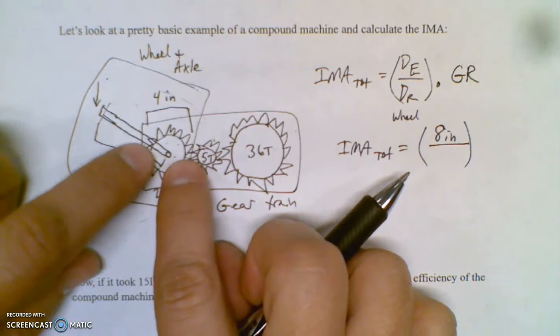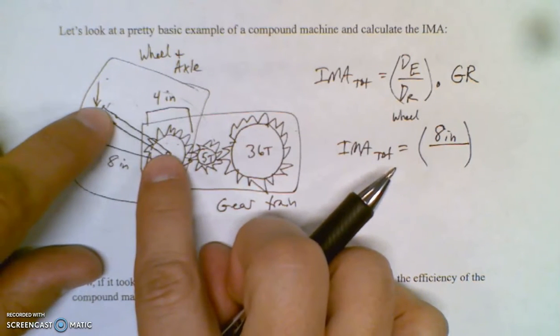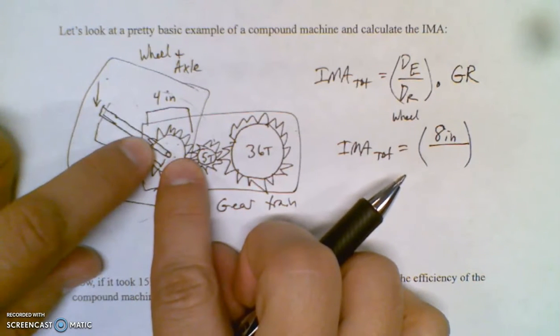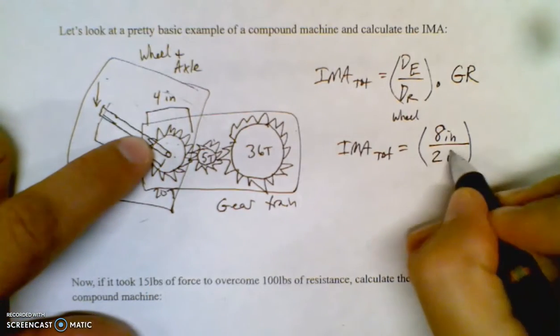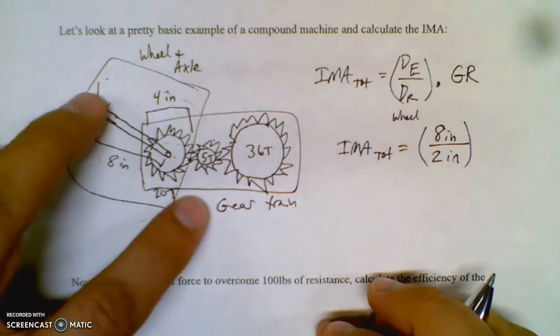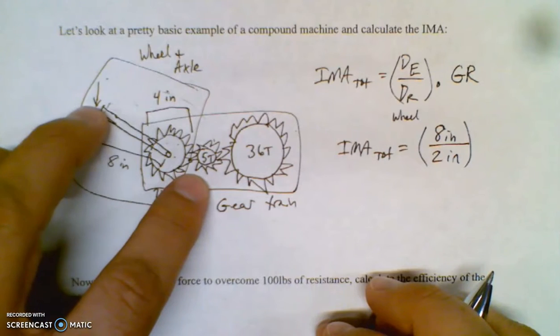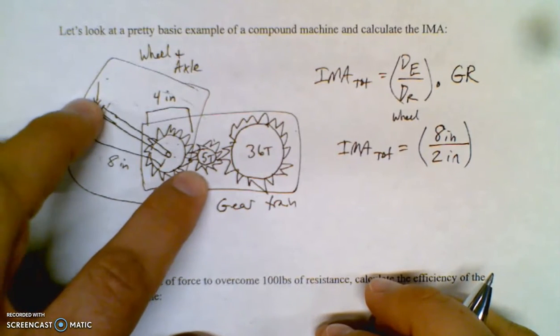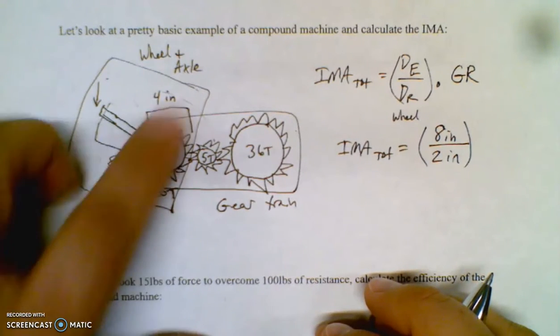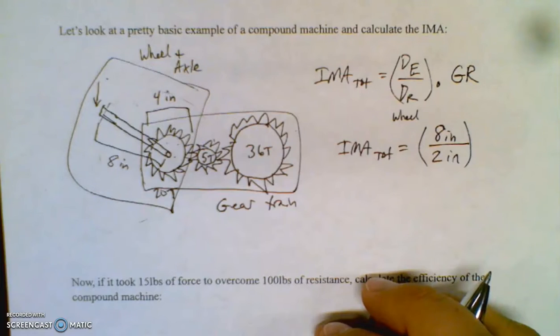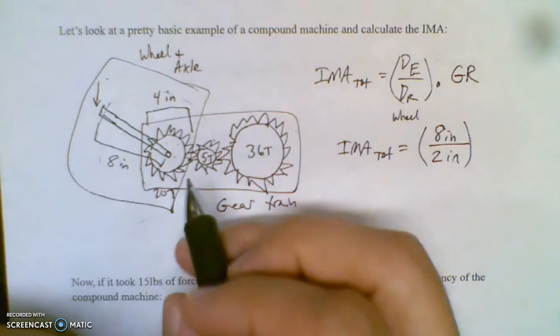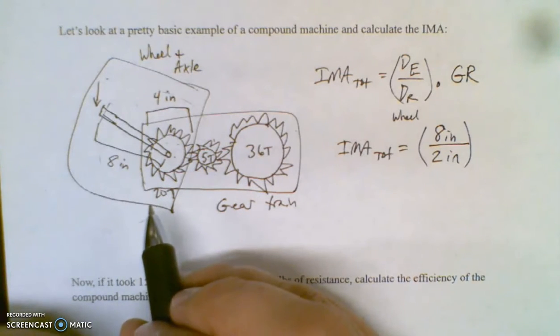So you actually only want the radius. If you did a radius for your effort, you have to do a radius for your resistance. So on here, you'd actually use 2 inches. And that was kind of a trap. You either have to do diameter and diameter or radius and radius. So I kind of tried to trick you there just to make sure you pay attention. When you're doing wheel and axles, you got to know if you have radius or diameters.